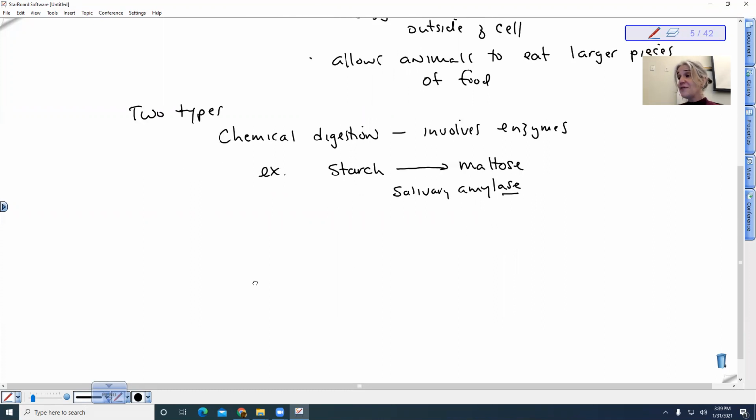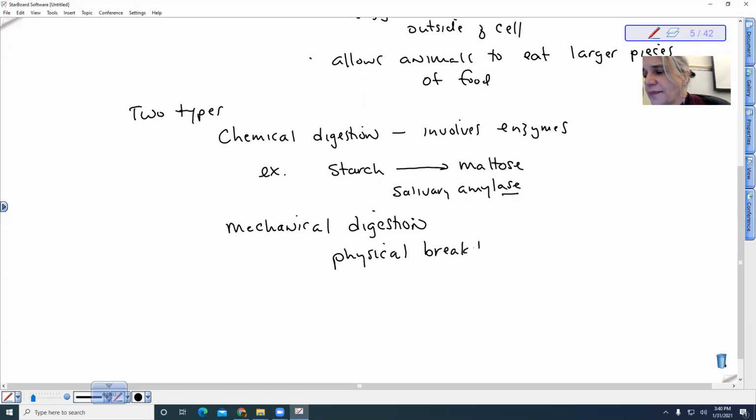This is different than mechanical digestion. Mechanical digestion is the physical breakdown of food, like by chewing, or breaking it physically into smaller pieces without using an enzyme.